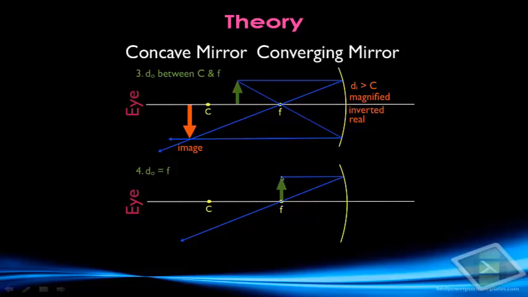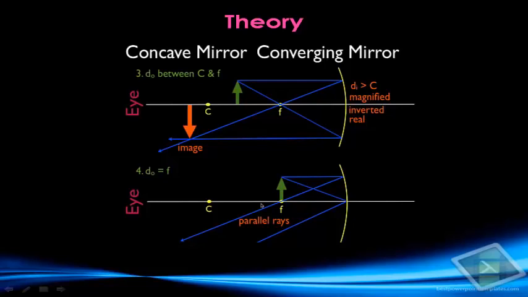So what we're going to do is draw a second ray that comes in and strikes the mirror right at the principal axis, like that, and then it's going to reflect at an equal angle. So the angle of incidence and the angle of reflection have to be the same. And you'll notice when we're right at F, these light rays do not converge. They're parallel.